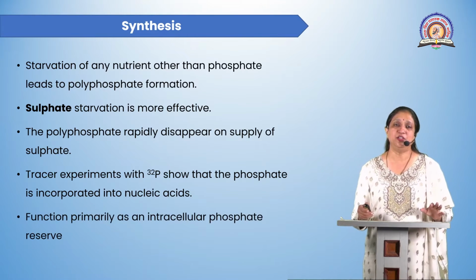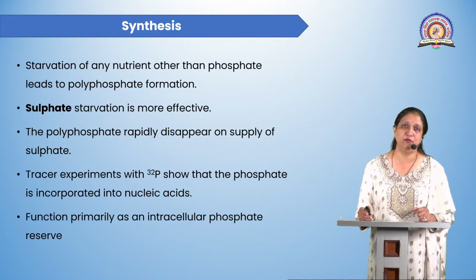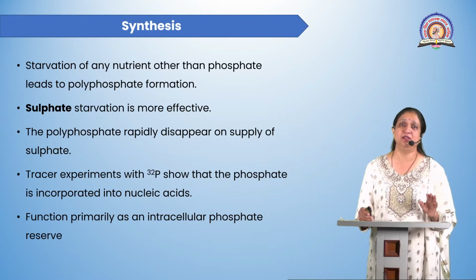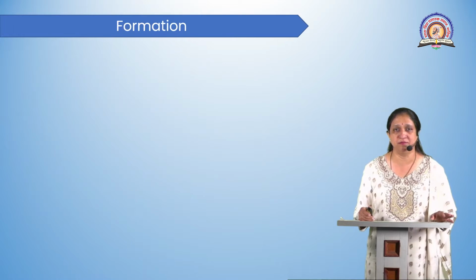The primary function of the metachromatic granule is to act as a reserve of phosphates for the cell, which can be utilized when all the nutrients are available in abundance.